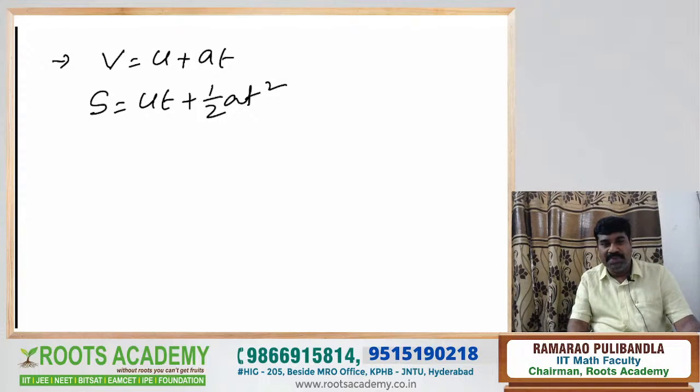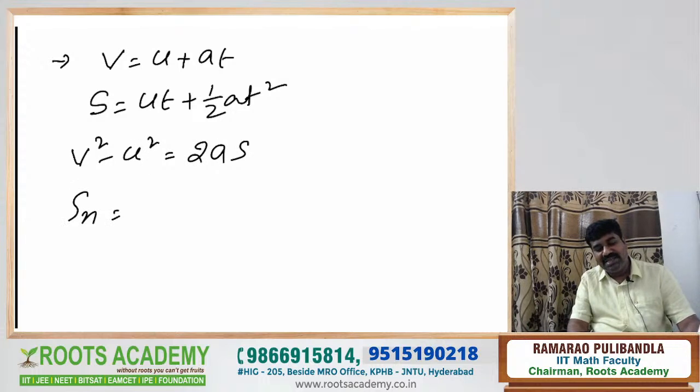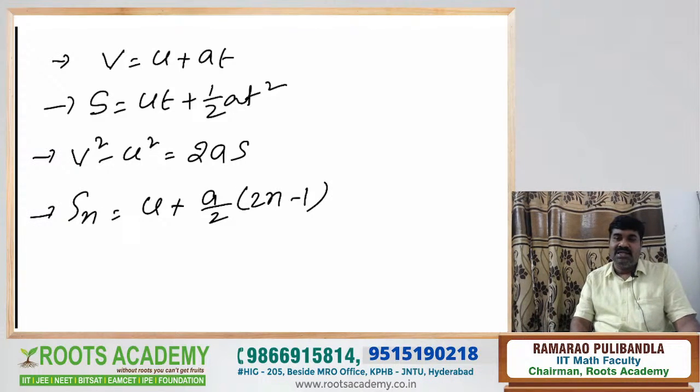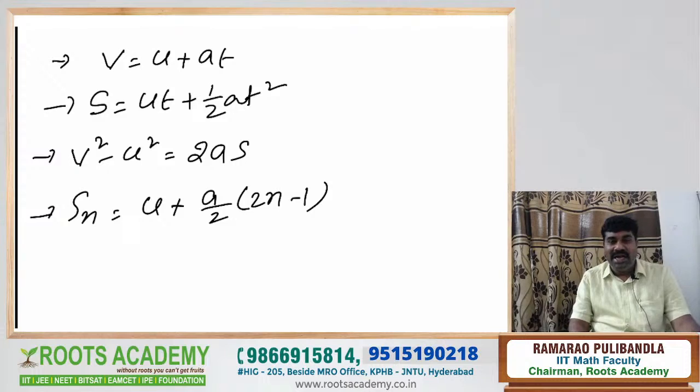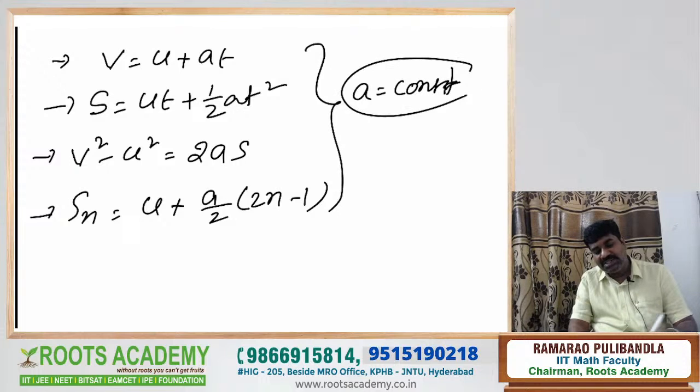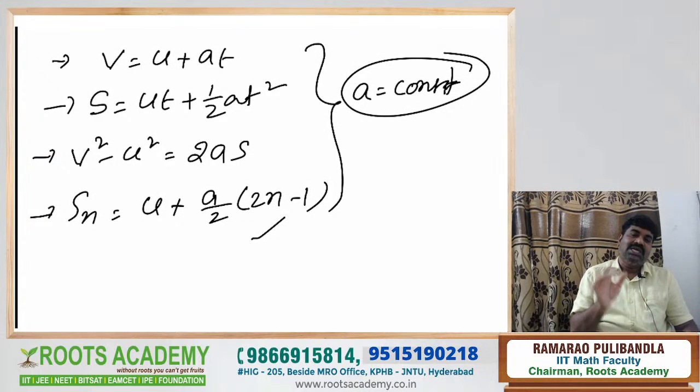V square minus u square is equal to 2as, the velocity after a displacement. Displacement in the nth second is u plus a by 2 into 2n minus 1. These are called the kinematic equations, and they are applicable when the body moves with constant acceleration.